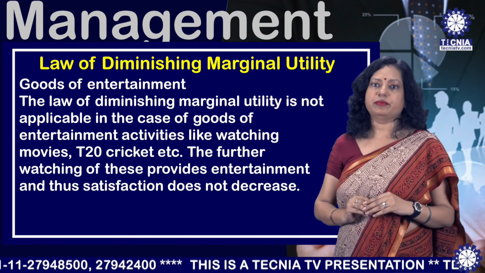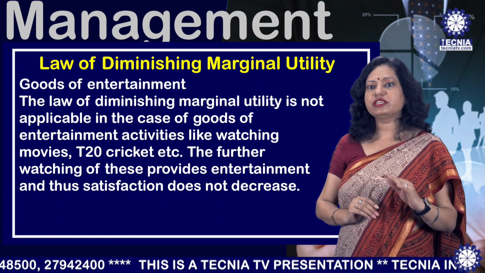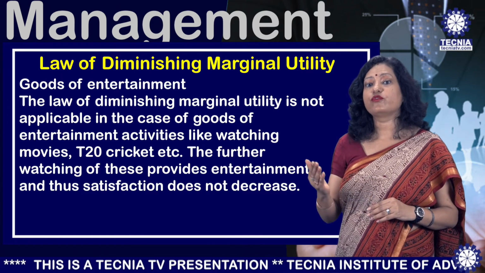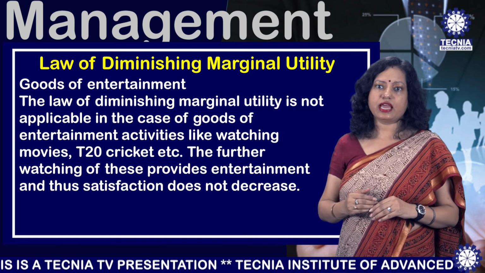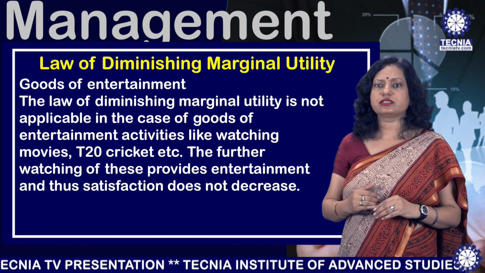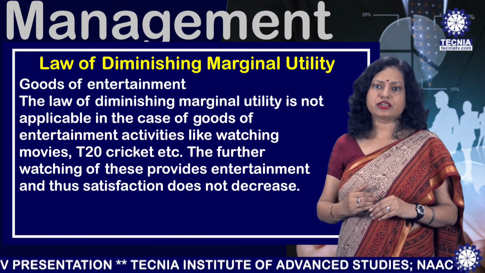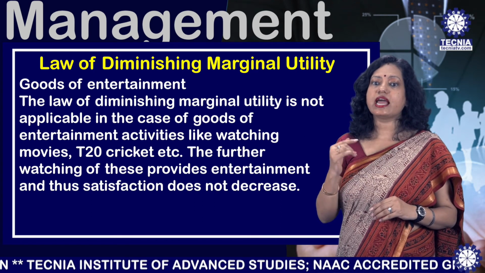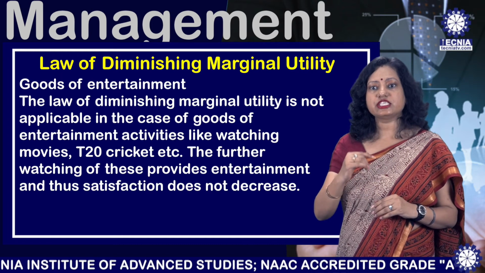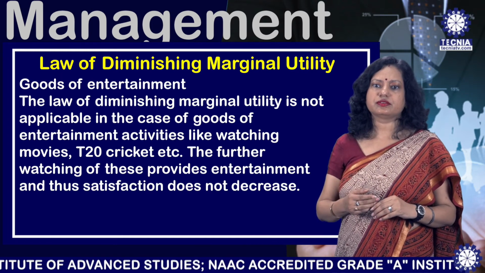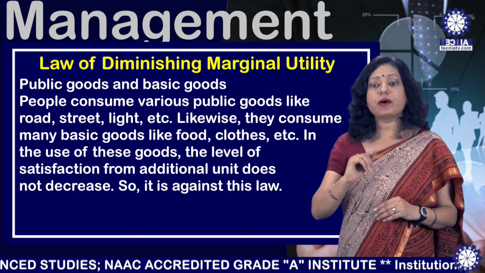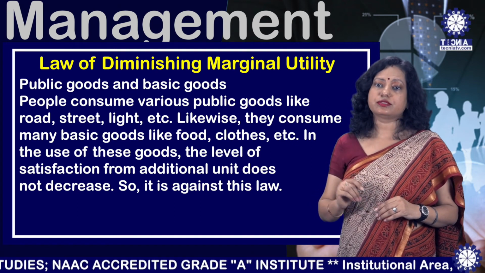Goods of entertainment. The law of diminishing marginal utility is not applicable in the case of goods of entertainment, activities like watching movies, T20 cricket, etc. Further watching of these provides entertainment, and thus satisfaction does not decrease. This law is also not applicable to public goods and basic goods.